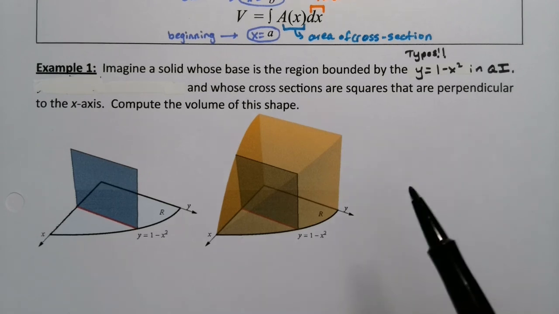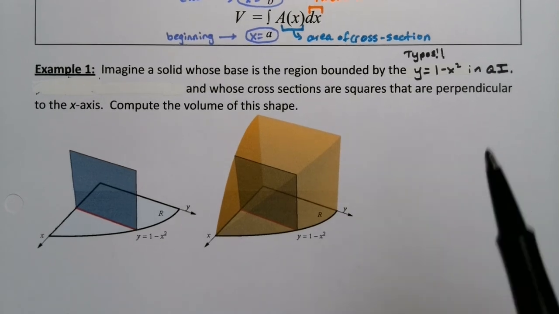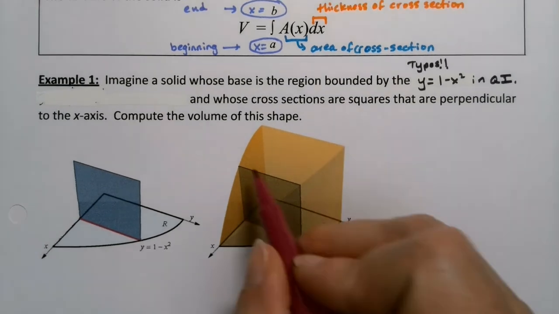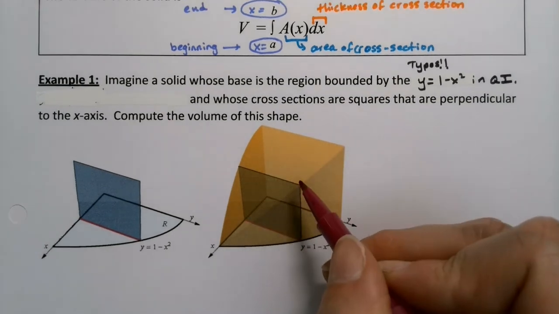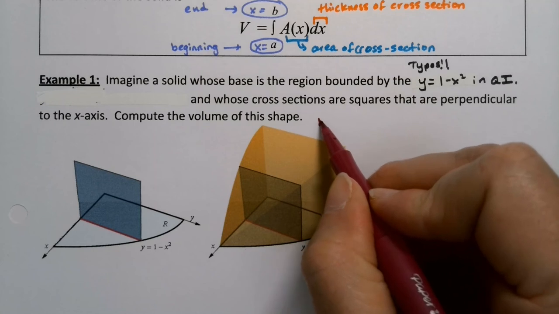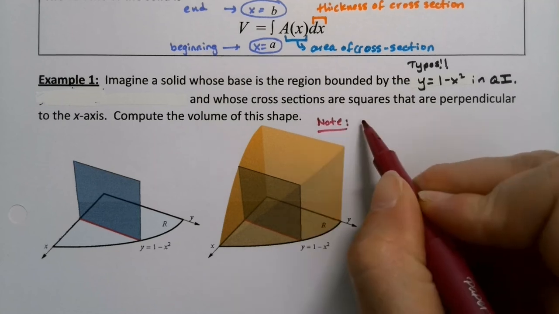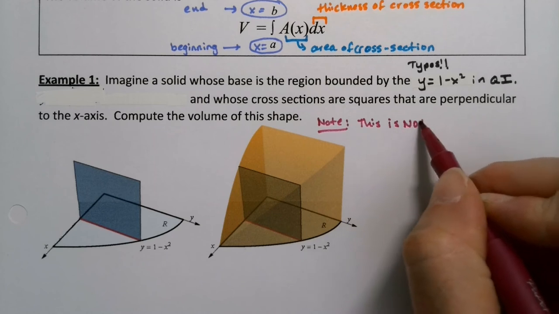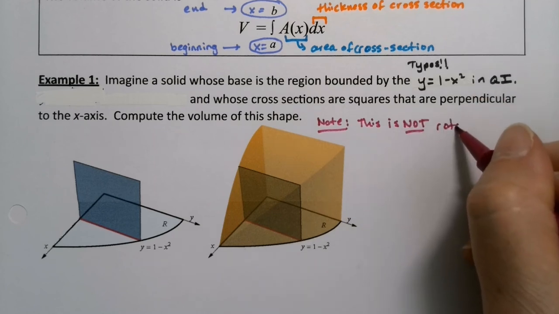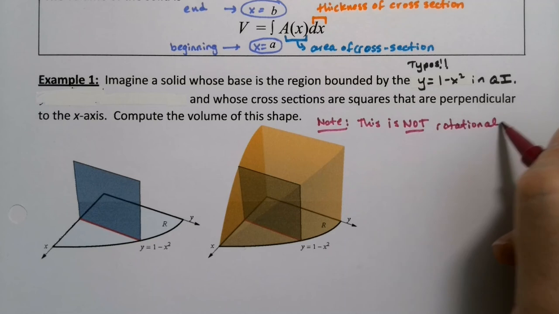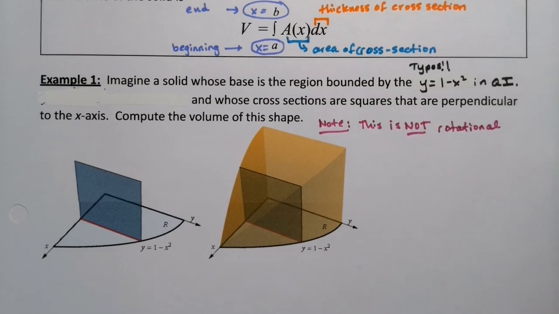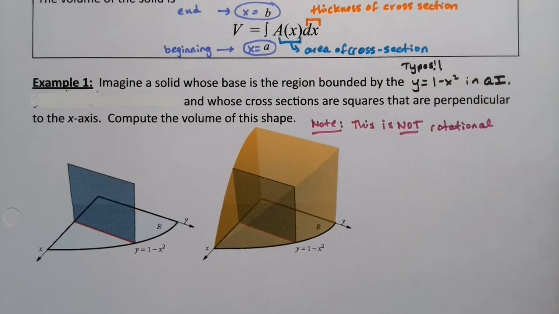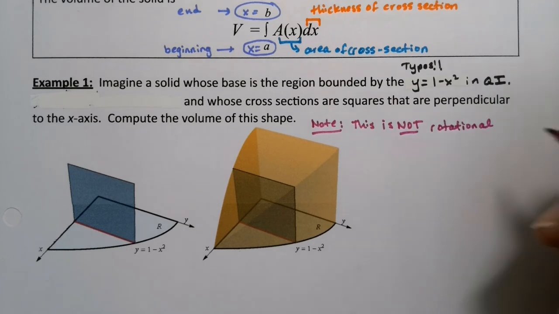And of course, this is not rotational, so we can make a little note. This is not rotational. There's no axis of symmetry. So I'll just make a note. This is not rotational, so general slicing is the only method we have. Now, granted that's the only method we know right now, but you're going to learn a few more, and so you want to be able to refer back to these notes when you have other methods and go, oh, that's why we had to do it this way.